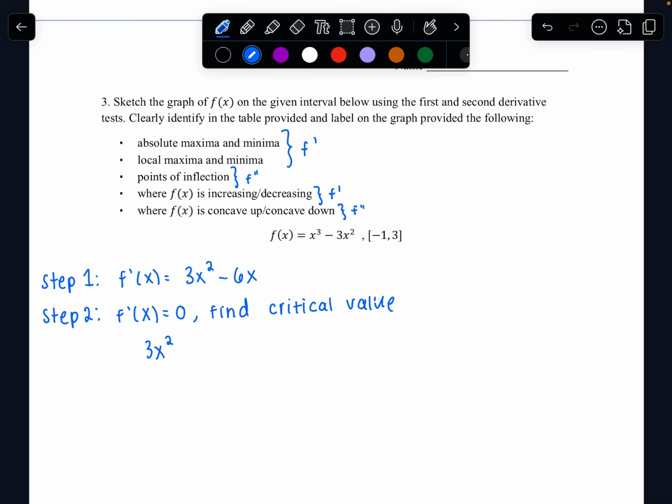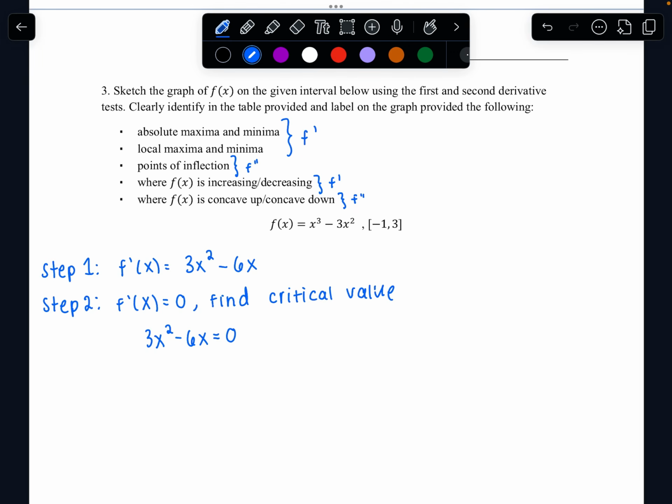Let's do 3x squared minus 6x equals 0. Let's make our life a little bit easier here and note that these both have a 3x. So why don't we take a 3x out of both of these? What's left? x minus 2. Okay, so 2 possibilities for this function being 0 is when, well, x is 0, because 3 times 0 will make that whole thing 0, and x equals 2.